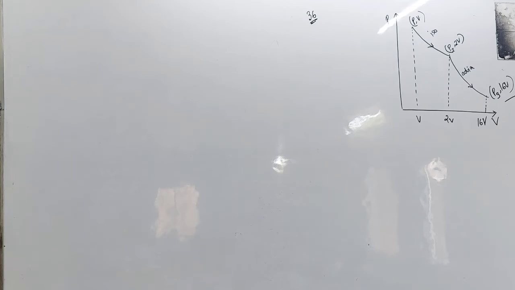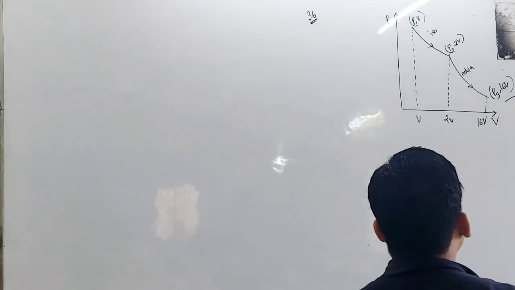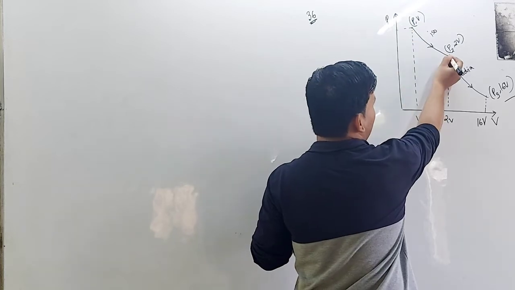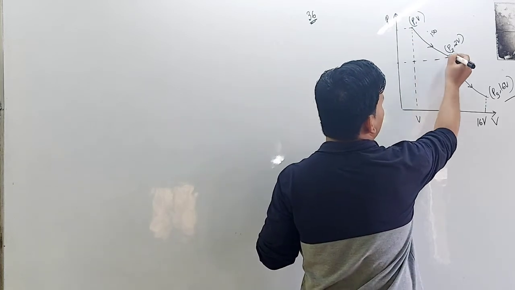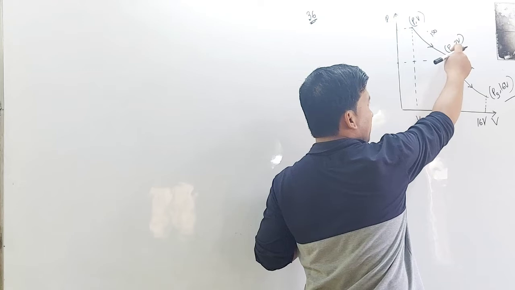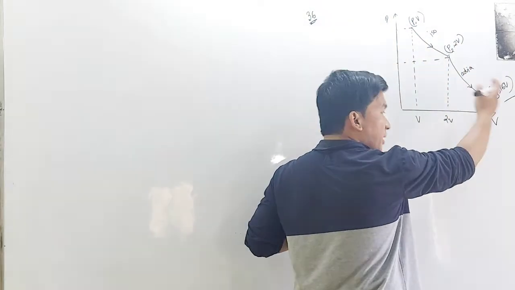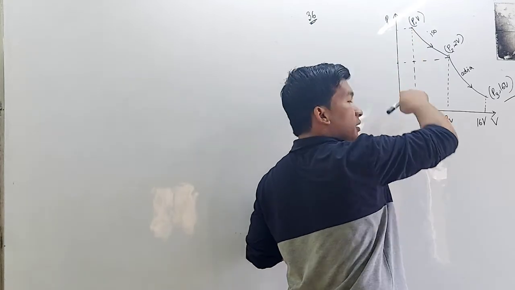If volume increases, then pressure will decrease. From the diagram, this pressure P is more and this is less. Along the x-axis, volume increases. Down the y-axis, pressure decreases.